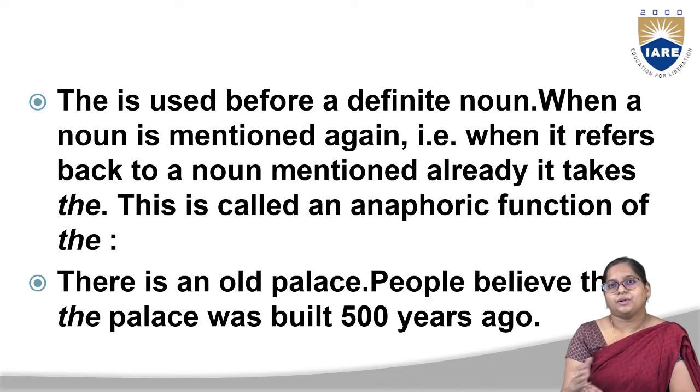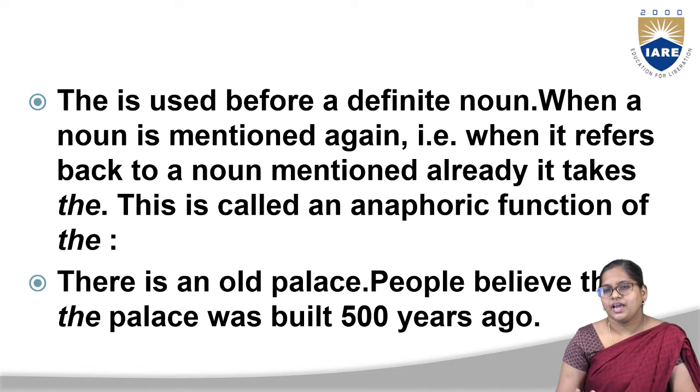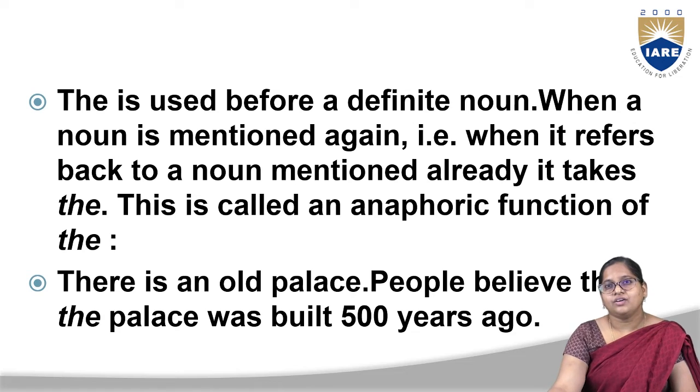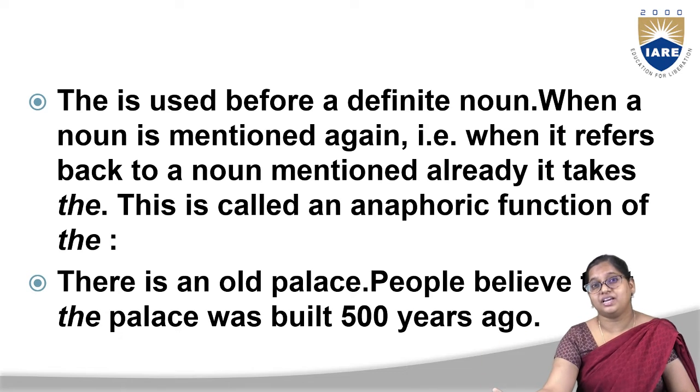So for example, there's an old palace. People believe the palace... you are talking about this old palace. And again, you don't use "there is an old palace". You started with "there is", right? And you can continue. By now you might have set the context. You're talking about some old palace, and people believe that.